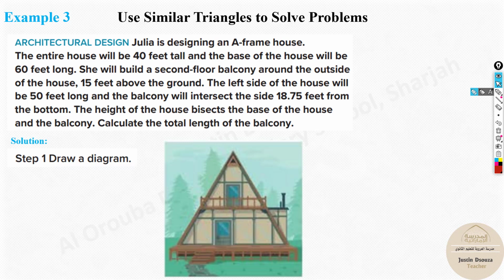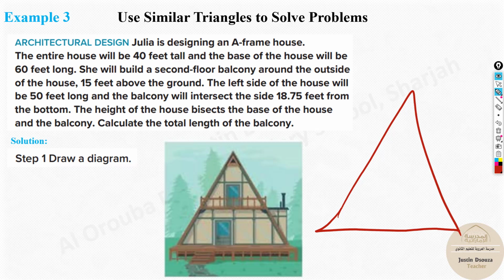So now let's just understand from this figure here. Whenever you see an A-frame, it means something like this, A, right? Okay. Now its base is over here and there's a balcony in the middle. Here they have given a lot of dimensions. Let's see. The entire house will be 40 feet tall. So this is the vertical height that is given, 40 feet, entire house.